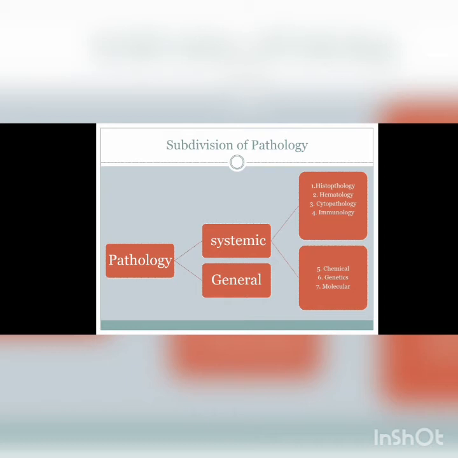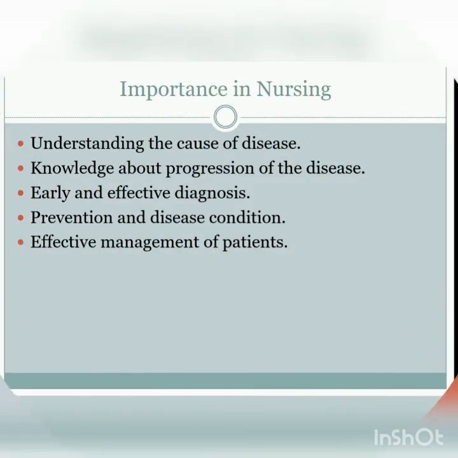Molecular pathology is the detection and diagnosis of disease at the nuclear level, which means the DNA of the cell. DNA is what? Deoxyribonucleic acid. Molecular pathology has emerged as one of the powerful research tools, and it is now being used widely for diagnostic purposes as well.